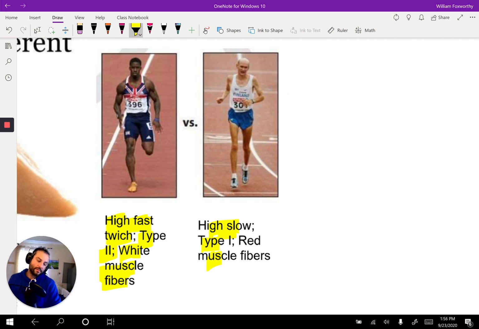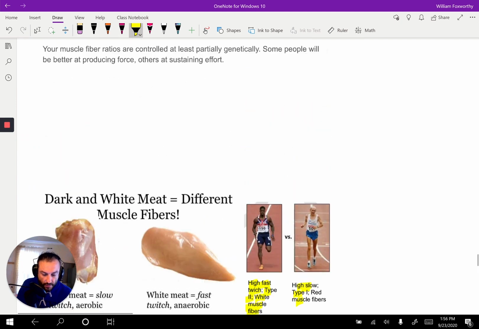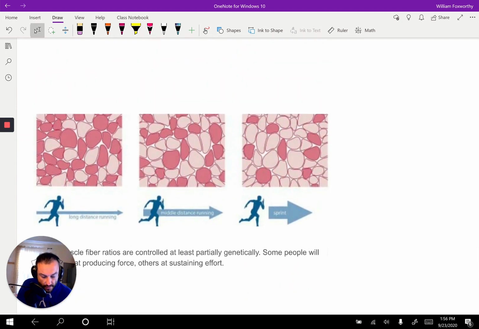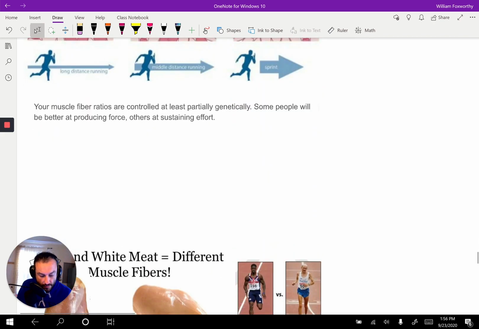There's a stereotypical difference between people involved in power generation sports and people involved in endurance sports. One of the reasons these muscles are so different is this. I thought I had a better picture, but this is okay.